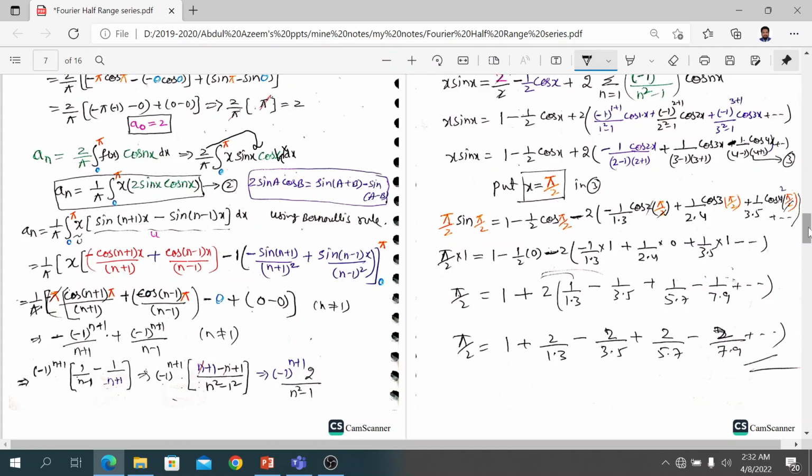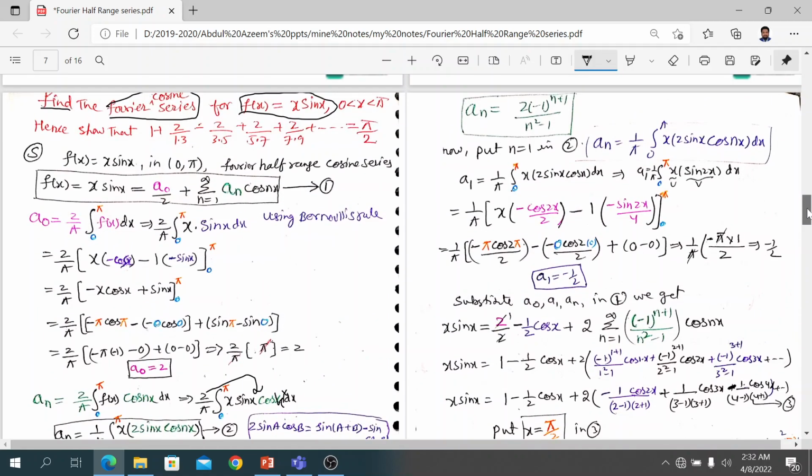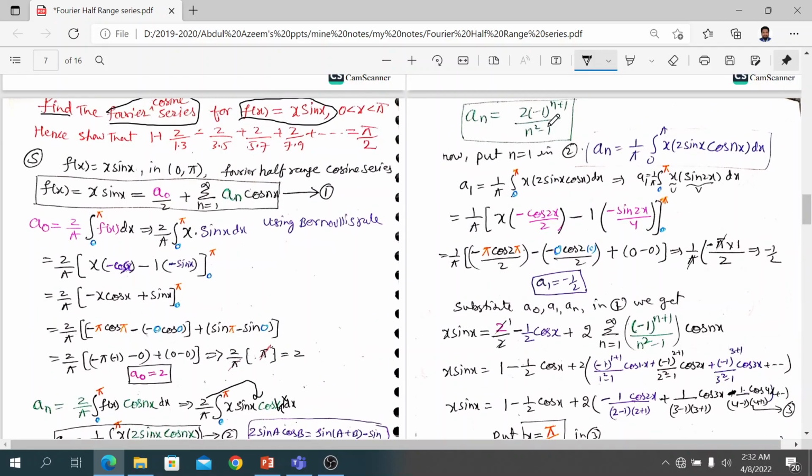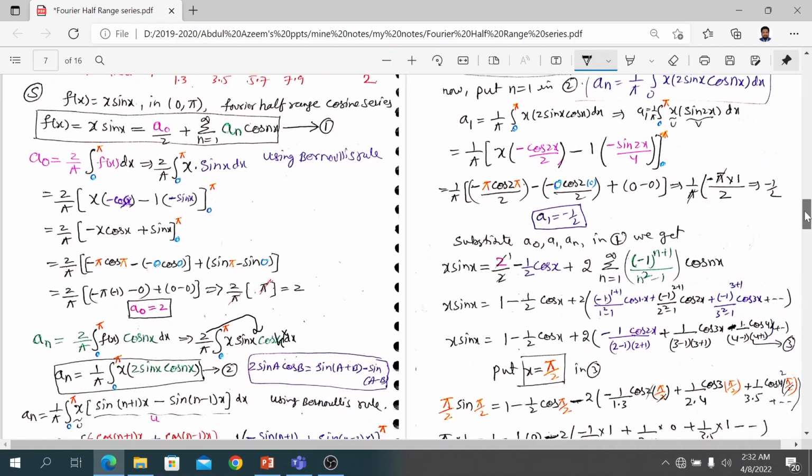This is the value of an. Before this, we will first find a1: put n equal to 1 here. So 1 by pi integration x into 2 sin x cos x.